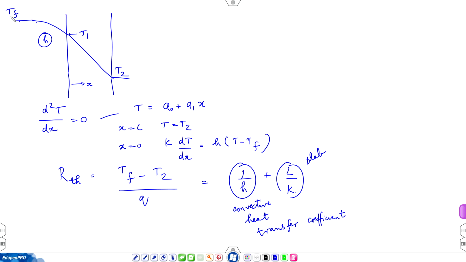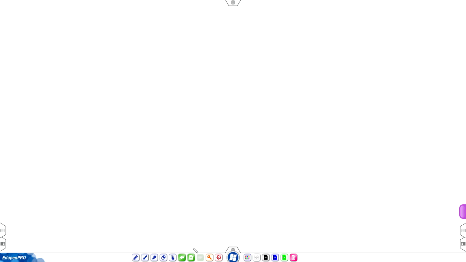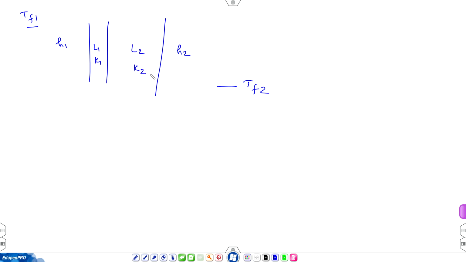So, now let us look at a generalized problem. So, let us say this is Tf1, here it is Tf2, here there is h1, h2, L1, k1, L2, k2, and even without solving the governing equations. So, in general you have to solve the governing equations, del square T equal to 0, first in slab 1, then slab 2, apply interface conditions, apply exterior conditions.